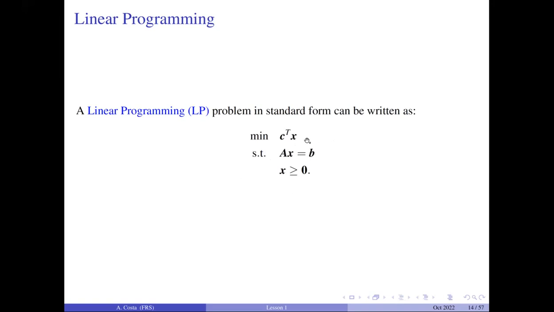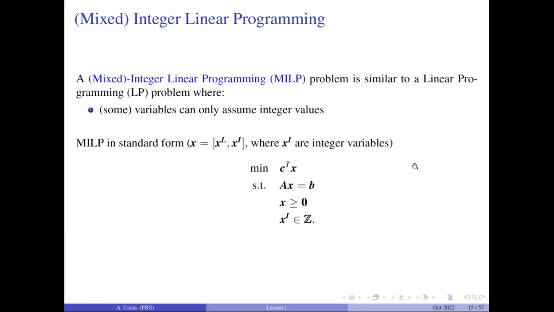This is the way we write that, a linear function, and then we have a set of linear inequalities or equalities. If you see equal to or greater than or equal to, it is fine. The standard way to write the problem is with equality, but they are equivalent in reality.